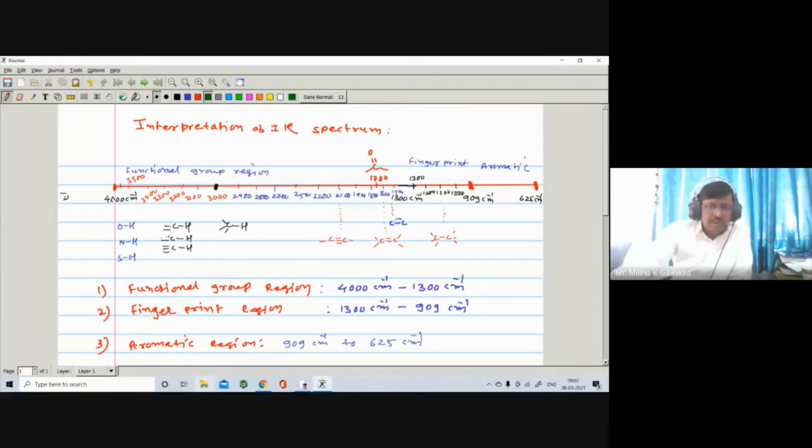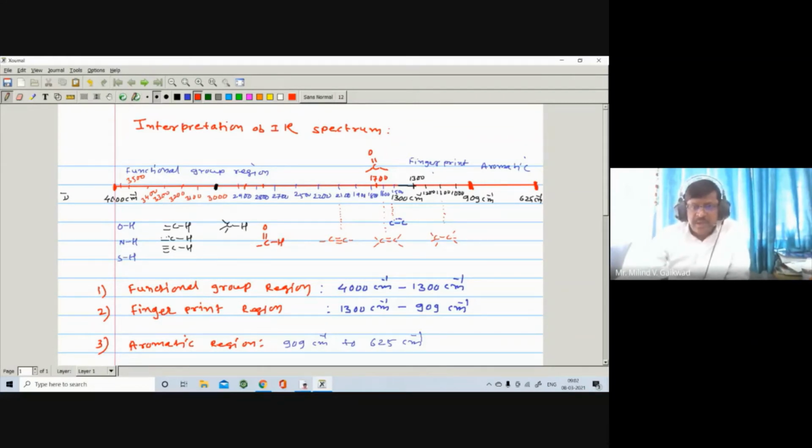Then the CH of aldehyde and ketone, we have seen you have two important bands at 2750 and 2850. It is due to the CH stretching of aldehyde. So it is called the functional group region.